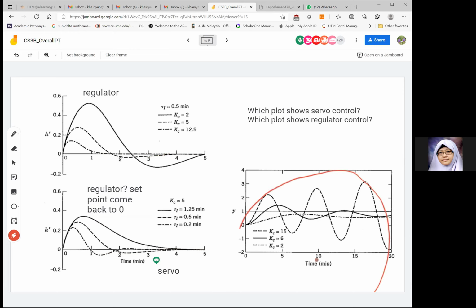What about this one? Regulator or servo? This third graph.